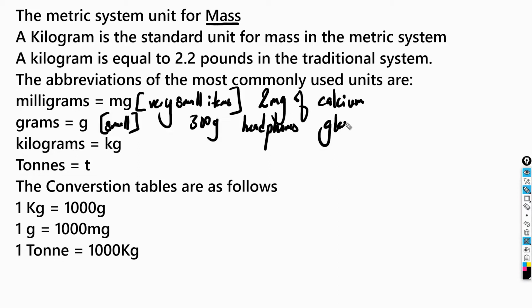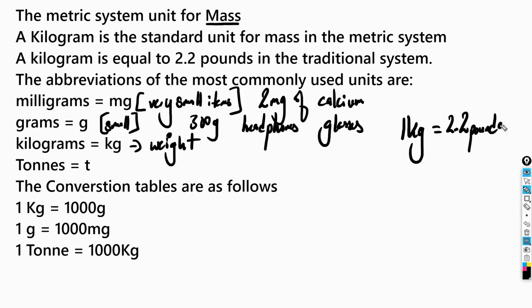Heavier things, like your weight, are measured in kilograms. And 1 kilogram is equal to 2.2 pounds, so you can get an idea of how heavy that is. It's pretty heavy.